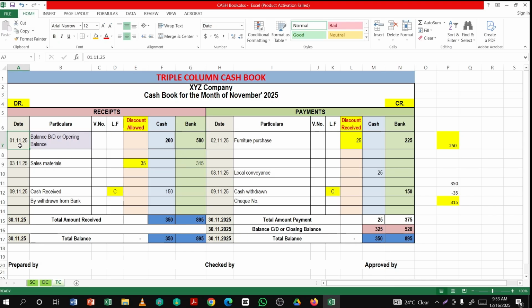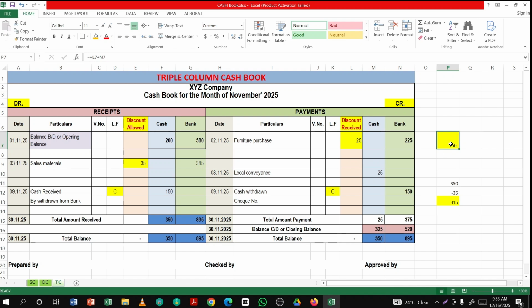1st November 2025, opening balance cash 200 and bank 580 amount. 2nd November 2025, we purchase furniture 250 amount.